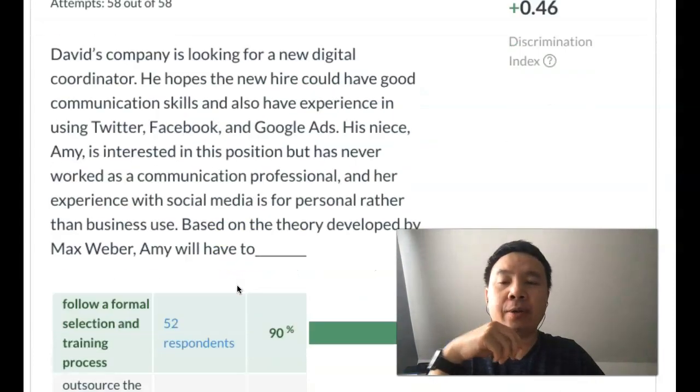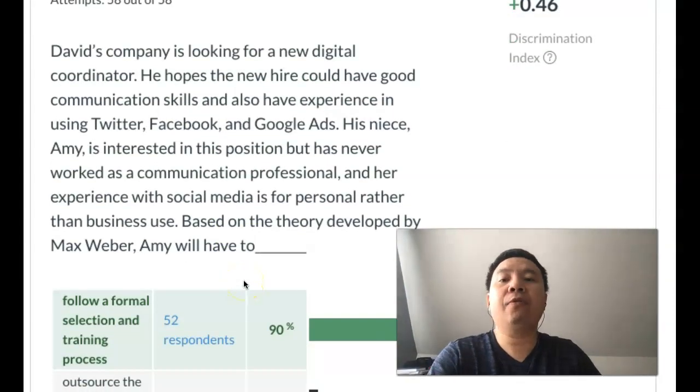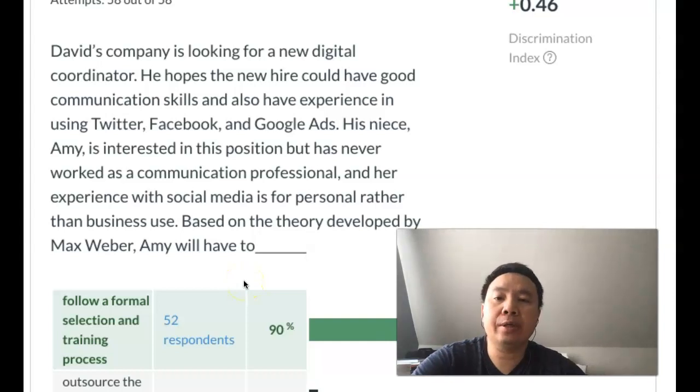Question number 4: David's company is looking for a new digital coordinator. He hopes the new hire has good communication skills and experience using social media. His niece Amy is interested in this position but has never worked as a communication professional. Her experience with social media is personal rather than business use.